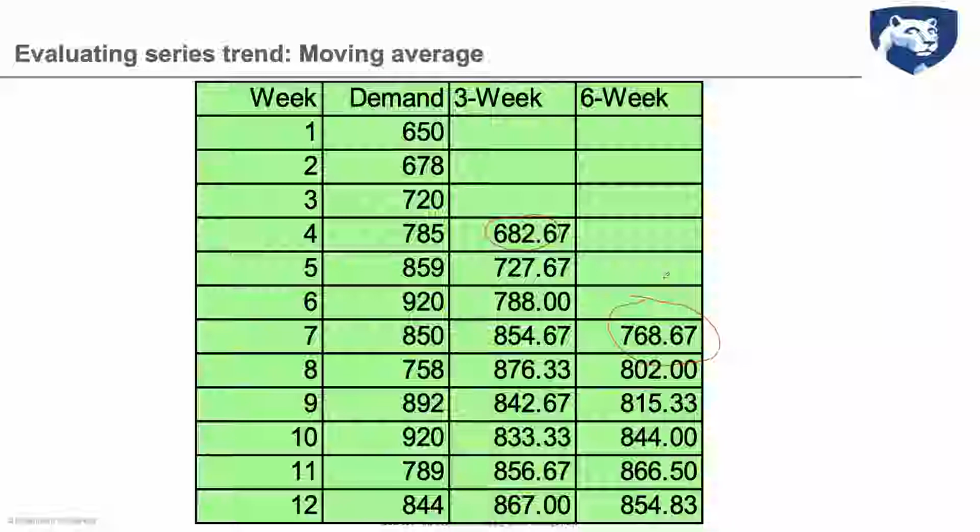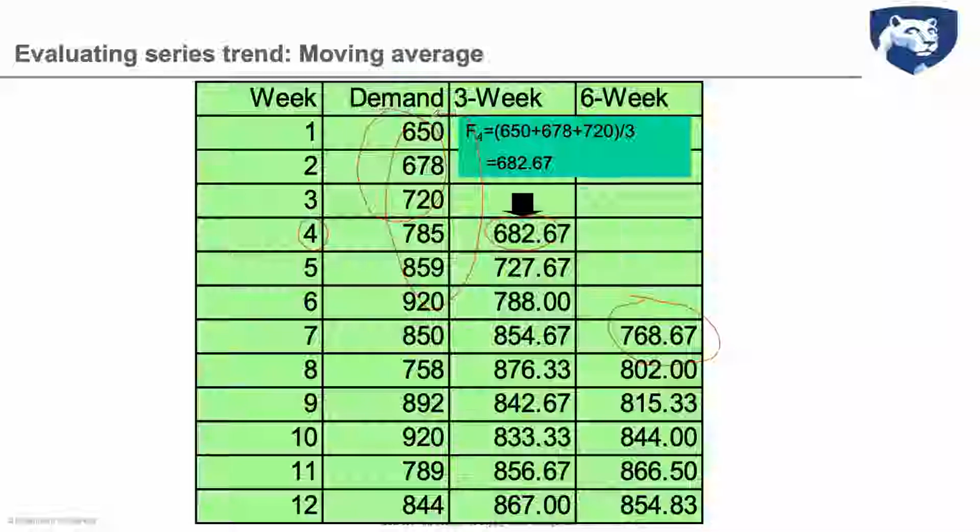And you can see here that the moving average in period 4 is given by the average of the previous 3 periods, and the moving average in period 7 is given by the average of all the values from 1 to 6.